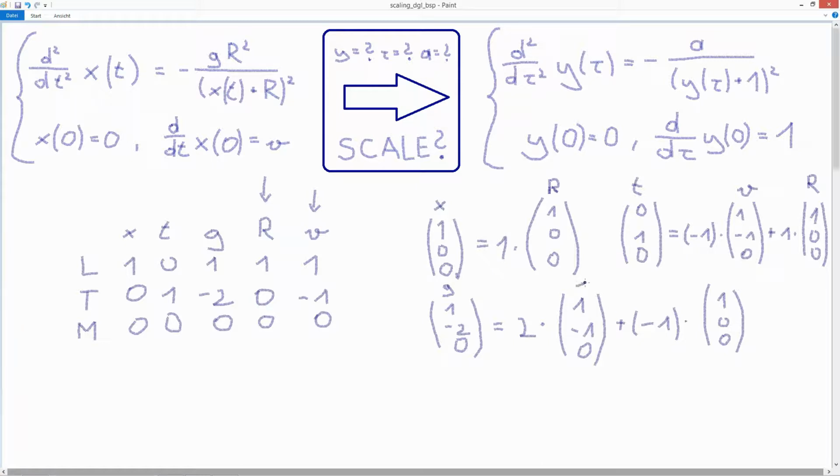This here is the V column and this here is the R column. So now we have written these columns, X column, T column and G column, as a linear combination of these two columns. Now we can write down the pi factors.